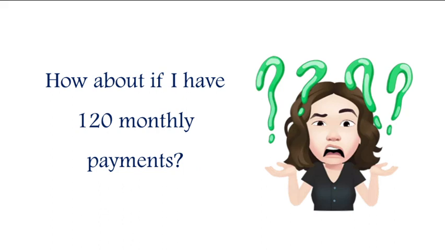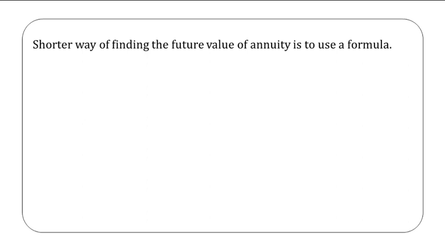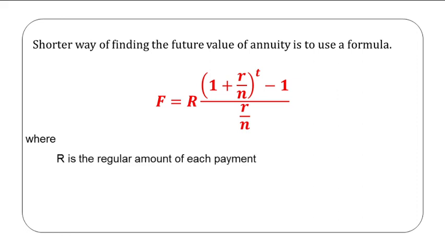So, ibig sabihin ba nun, yung 120 times akong magsasolve ng future value for each month? So, the shorter way of finding the future value of annuity is to use a formula, which is future value of the annuity is equal to R times 1 plus r over n raised to t minus 1 all over r over n, where R, malaking R, is the regular amount of each payment or the periodic payment.